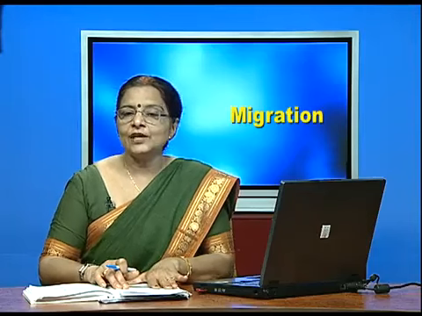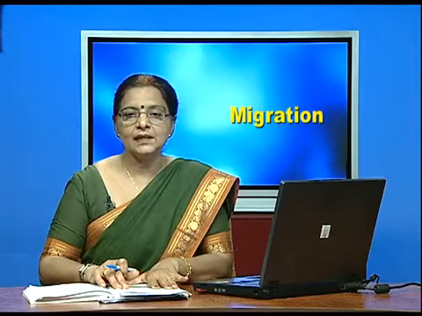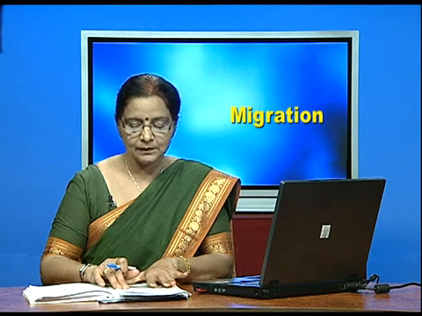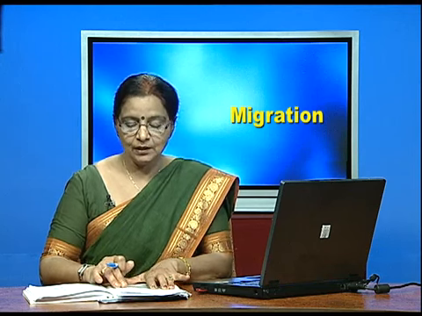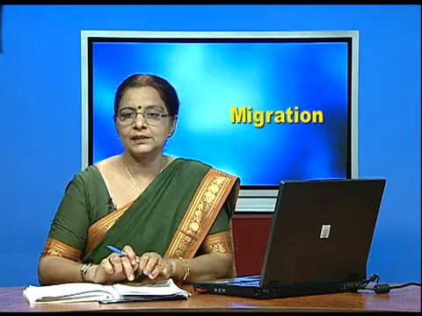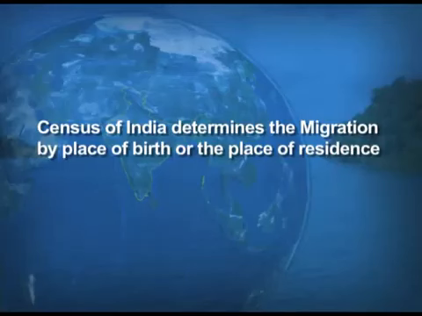Then a further modification was made in the year 1981, where information on the reasons for migration was incorporated. So, the Census of India determines migration by place of birth or place of residence. Now, what do you mean by the place of birth?